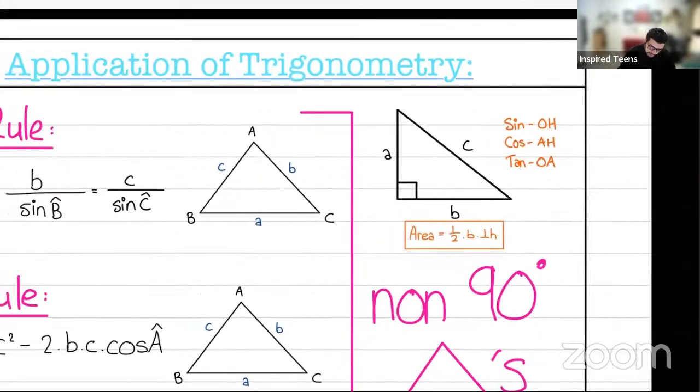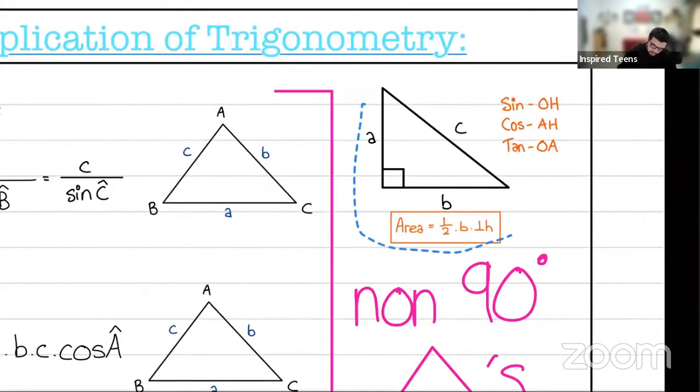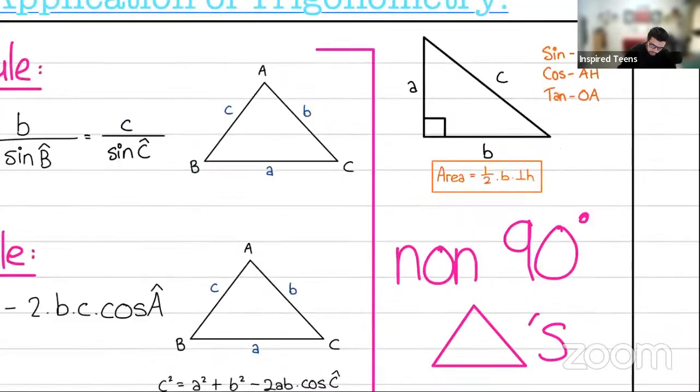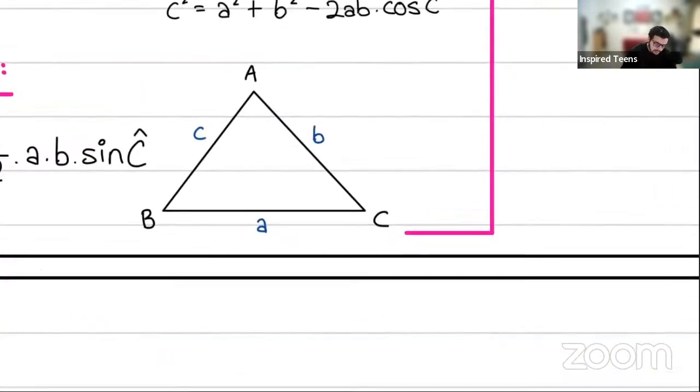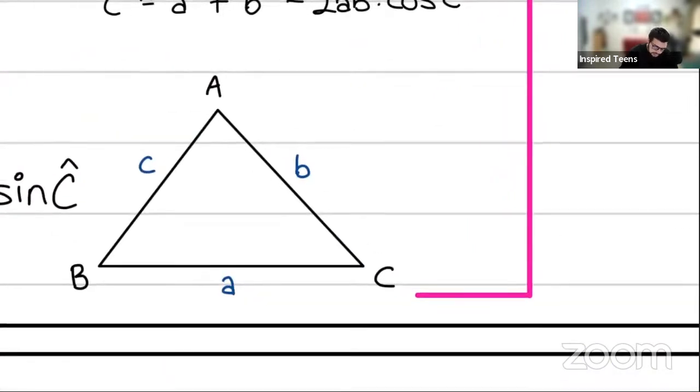Okay, so yes, in a non-90-degree triangle, how would we get area? Of course, there's no 90 degrees here. If we do have a perpendicular height, it's given like this, for instance. That is a perpendicular height.